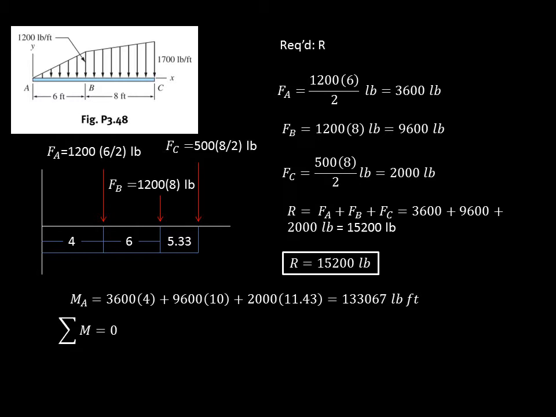We just equate the product of the resultant force and x, where x is the distance of the resultant force from point A, to the resultant moment. After solving this equation, we get the distance x, which is 8.75 feet.